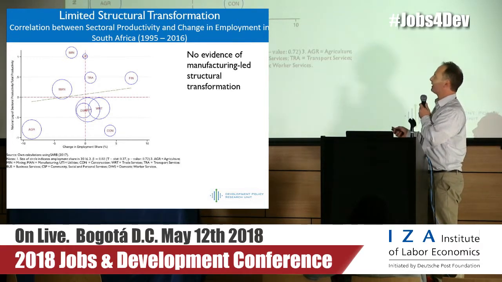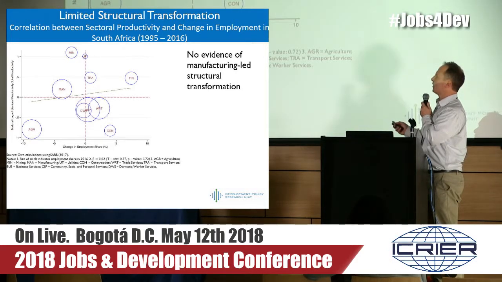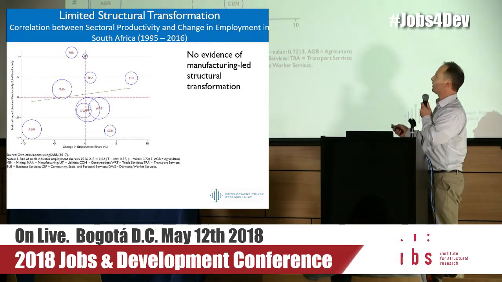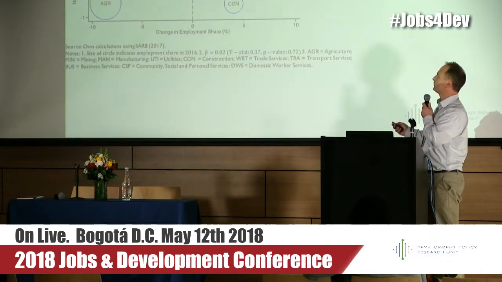But in South Africa, what we have here is this exit out of low productivity agriculture, but what's happened is most of your labor has shifted to wholesale and retail trade, to domestic work, and to CSP services. So these are all low productivity industries or sectors, and wholesale and retail trade, a large chunk of that is actually informal employment.